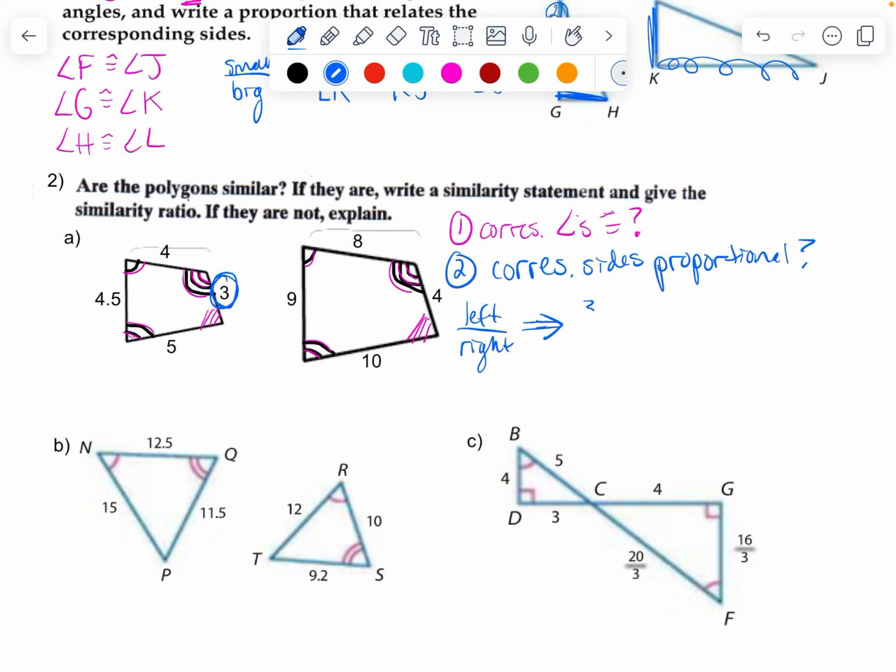So I'm going to do smallest one, 3, and see if it equals the smallest one, 4. I don't have to reduce it. And then I'm going to try another one and see if they equal. So I'll do 4 and 8. And if you reduce them, they don't equal. So this is a no.